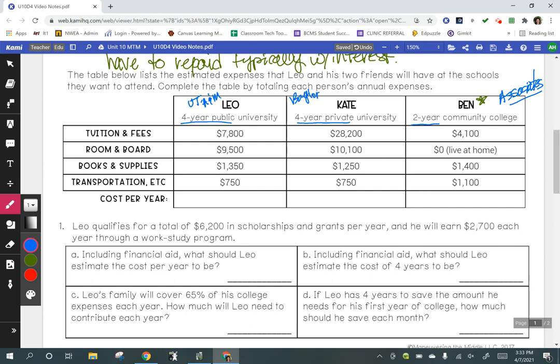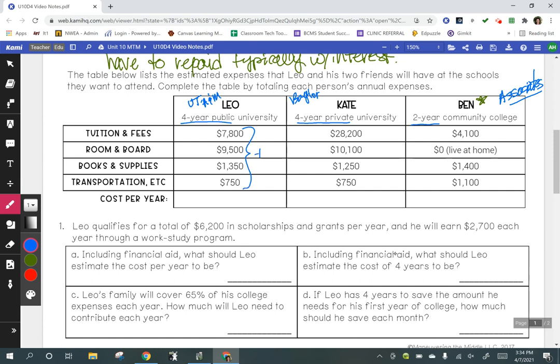All right, so it says the table below lists the estimated expenses that Leo and his two friends will have at the schools they want to attend. Complete the table by totaling each person's annual expenses. Even though it says a 4-year public university, we're only talking about the cost per year, everything for that first year.